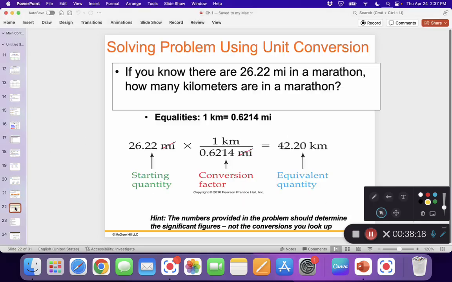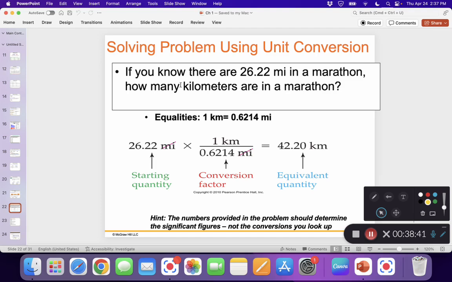Okay, now we have here a problem. If you know there are 26.22 miles in a marathon, how many kilometers are there in that marathon? Okay, so here just looking at the question, we can understand that we have miles that is given.